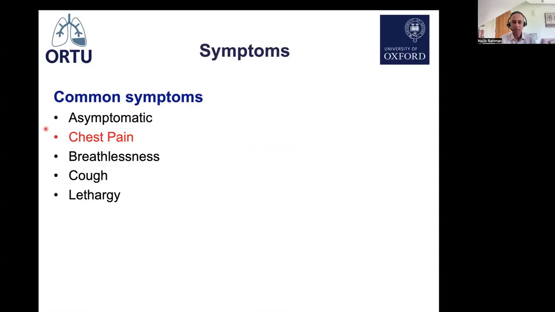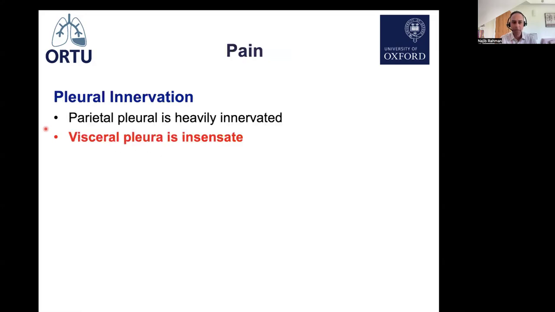Let's just talk about chest pain. Of course, chest pain is well illustrated in all of the textbooks as caused by potentially pleural disease, but we need to think about the mechanism just a little bit. And you will have learnt in medical school that the visceral pleura is completely insensate. So the lung surface has no pain innervations whatsoever. If you see a patient with pain, it must mean that the parietal pleura is involved.